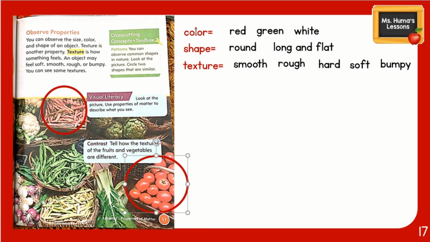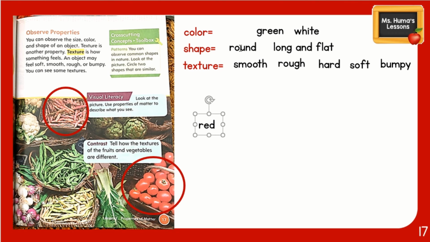I'm going to look at their colors, I'm going to look at their shape, I'm going to look at their textures. For example, I've got red chili here and tomatoes here. Let's see the color. Is it the same? Yes, both of them have the same color and it's red. But is the shape the same? No, the tomato is round and the chili is long and flat.